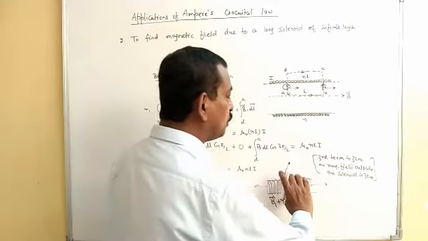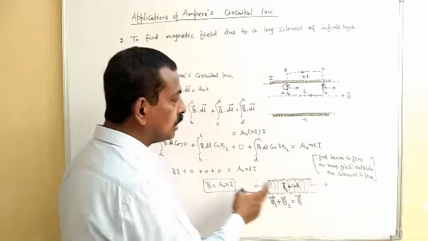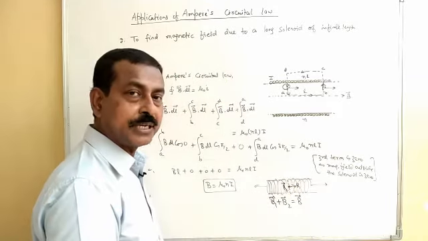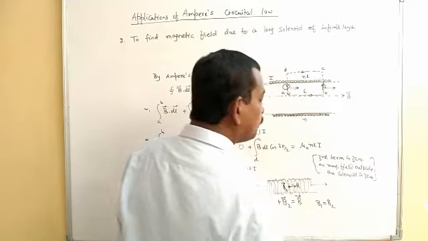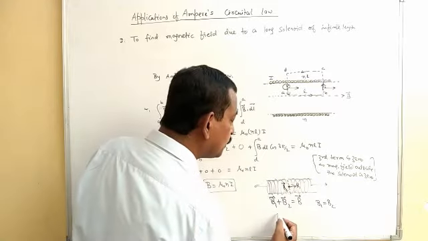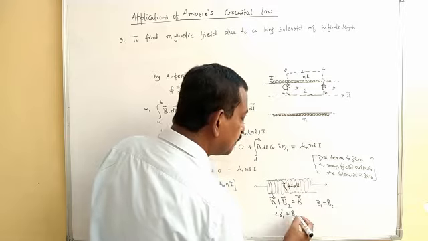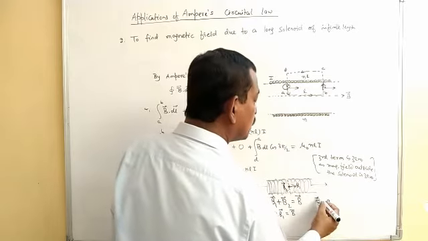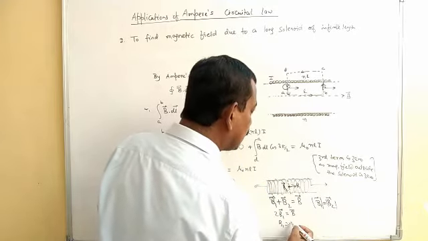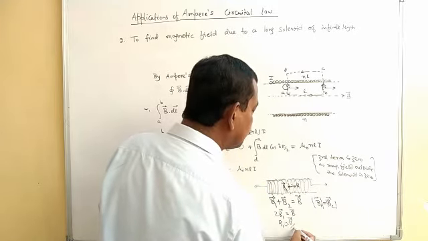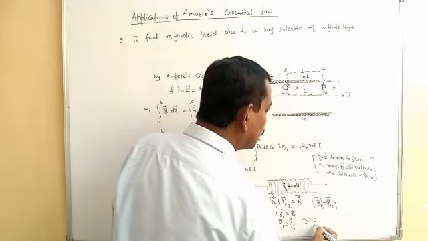B1 is the magnetic field due to the part extending up to infinity on the right side, and B2 is for the part extending on the left side. B1 and B2 are both equal. So you will get 2 times B1 equals B. Magnitude wise, that indicates B1 as B by 2, which is mu naught Ni by 2.